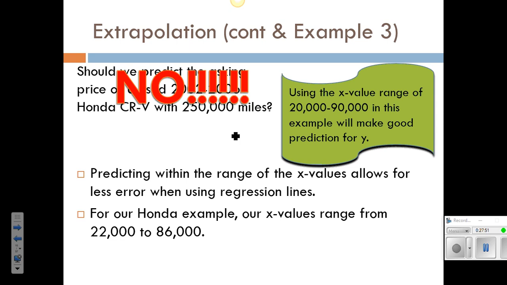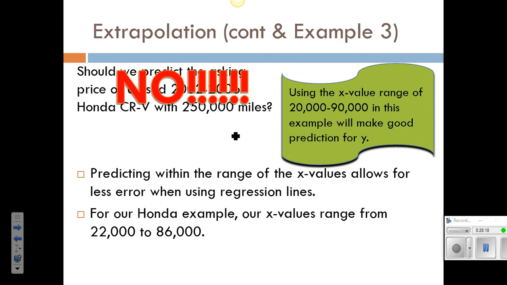A little bit of extrapolation. What about 250,000? That's supremo extrapolation. That's a no-no. Don't do that. Okay. All right, so what are we taking away from extrapolation? Number one, how to pronounce it. Number two, what else?